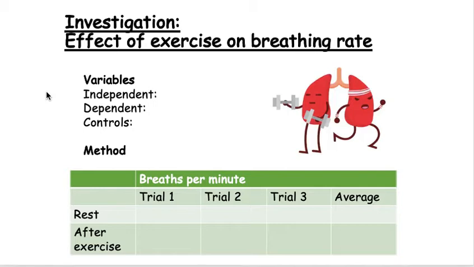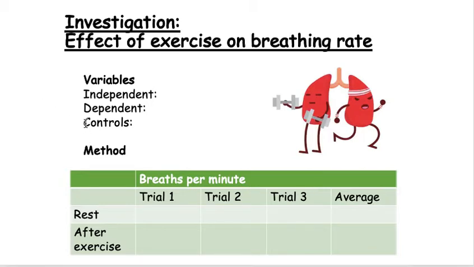So if I change one thing, the level of exercise, I expect that something else will change as a result of that, my breathing rate. So in this case, the breathing rate is the dependent variable because we think that our breathing rate will depend on how much exercise we're doing. So if we change the amount of exercise, that's the independent variable, then the breathing rate, that's the dependent variable, will change.